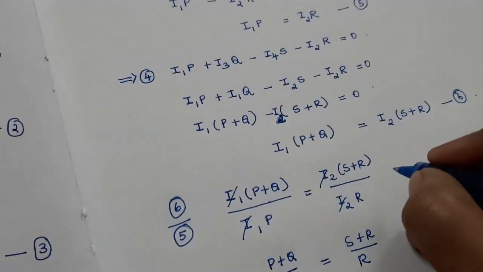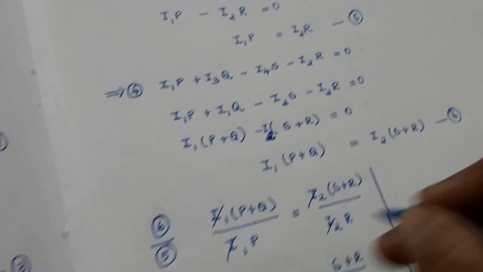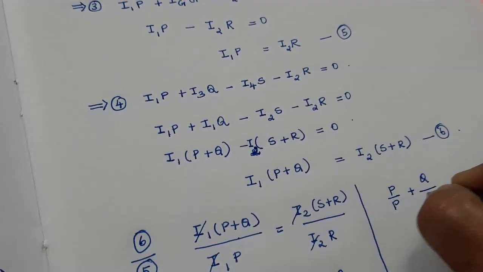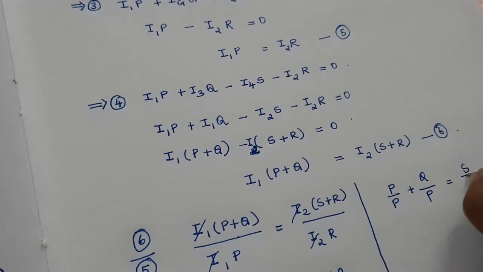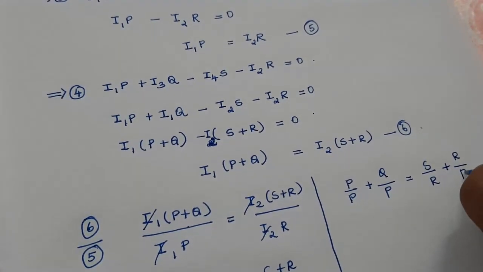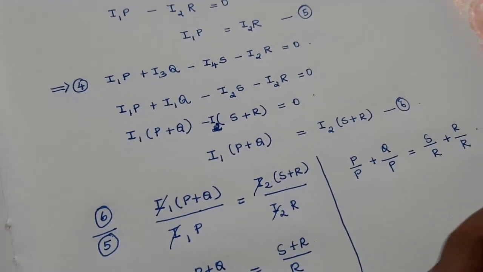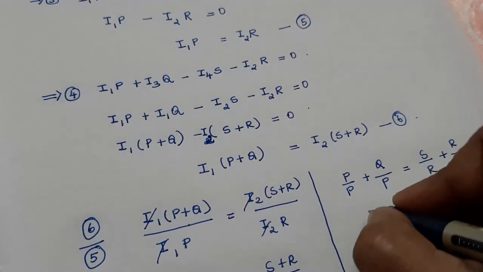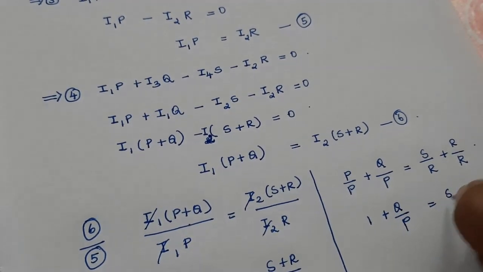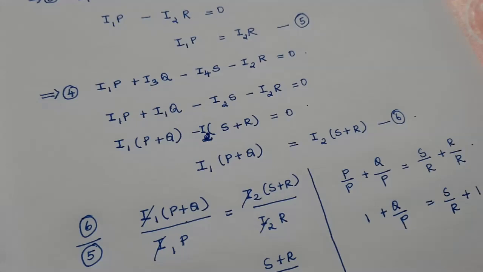If I divide by P, I will get P by P plus Q by P is equal to S by R plus R by R. So this is nothing but 1 plus Q by P is equal to S by R plus 1.